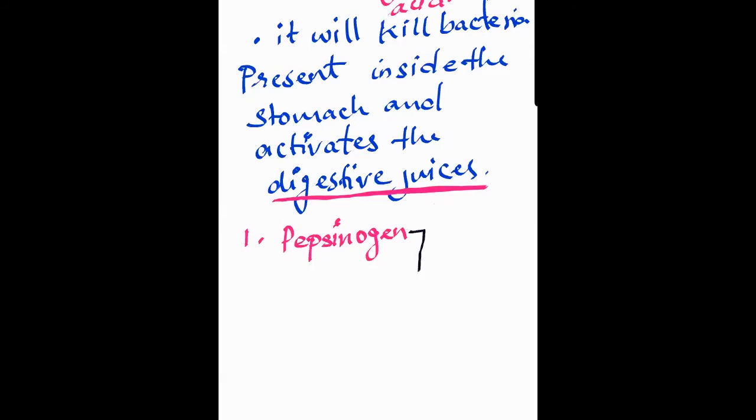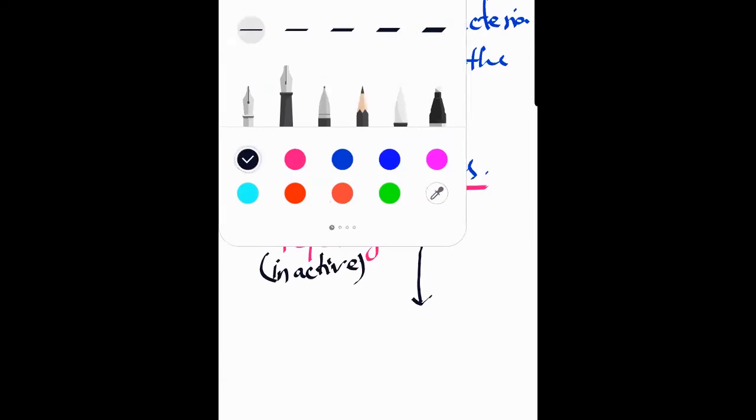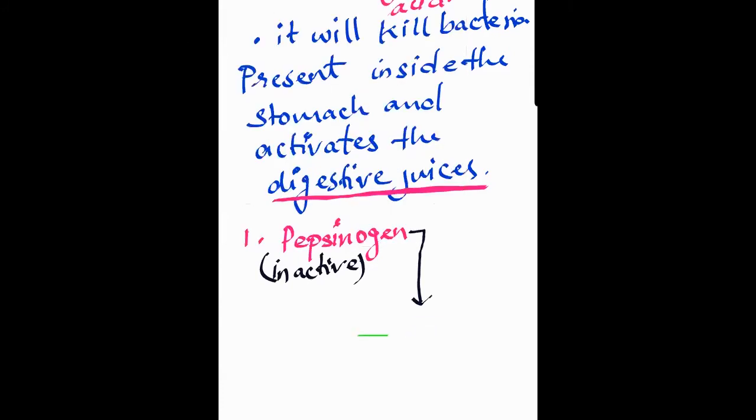Pepsinogen is the inactive form, and that will be converted into the activated form called pepsin.